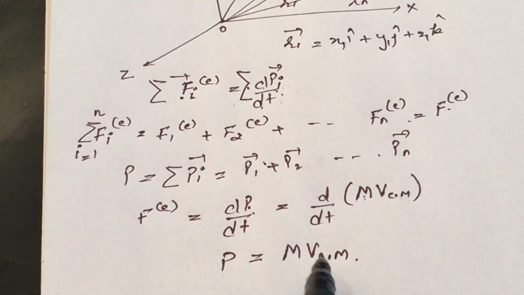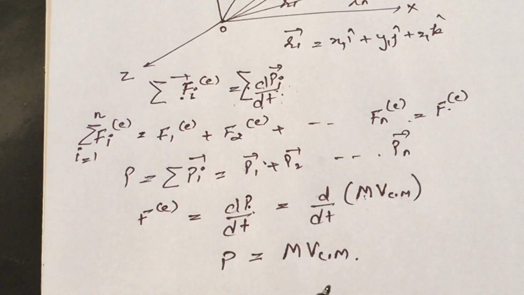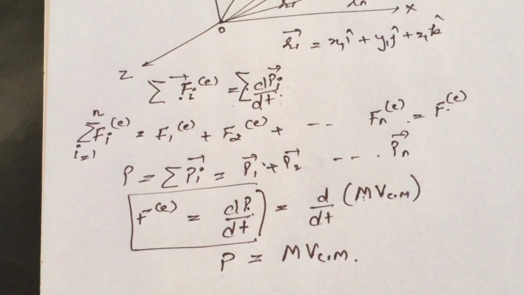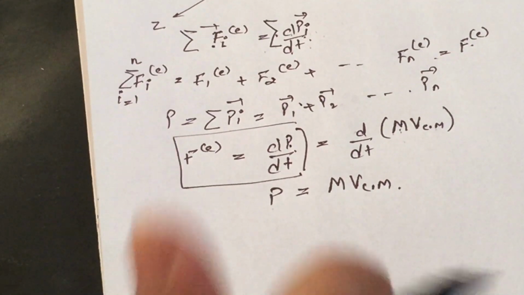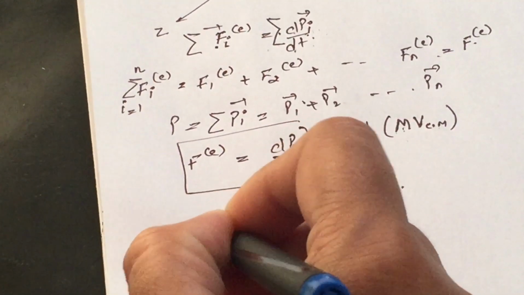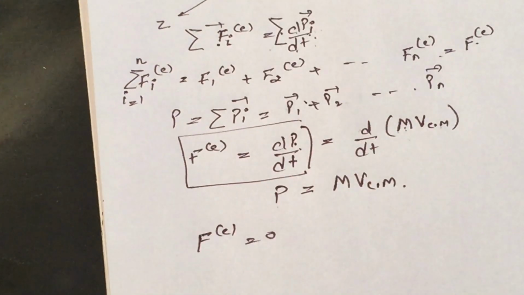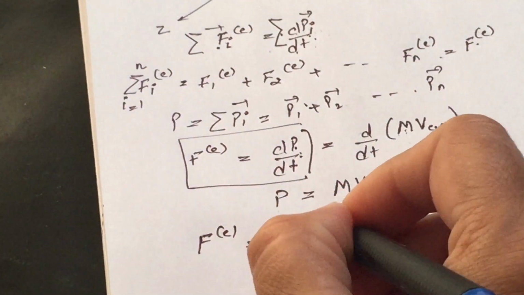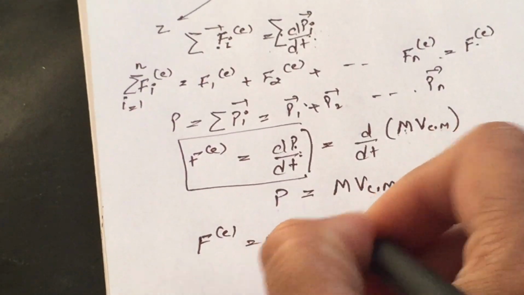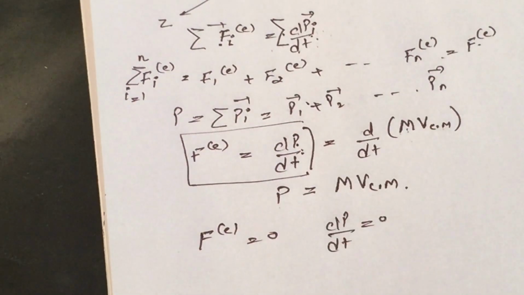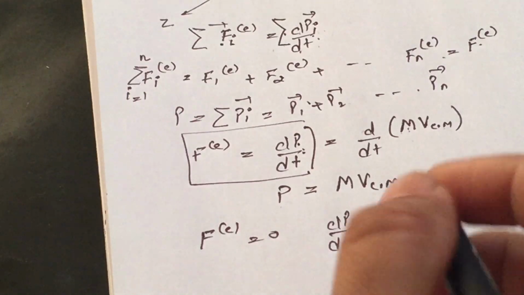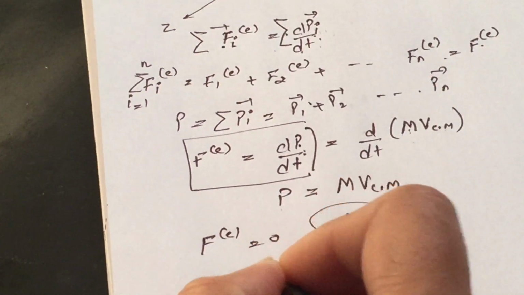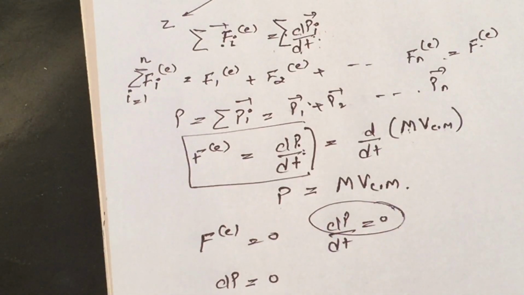Then P is representing the momentum of the center of mass. From this conclusion, if we put a condition that the external force is equal to 0, it means the right hand side expression also becomes equal to 0, and it only happens when the term dP, that is the change in the momentum, is equal to 0.